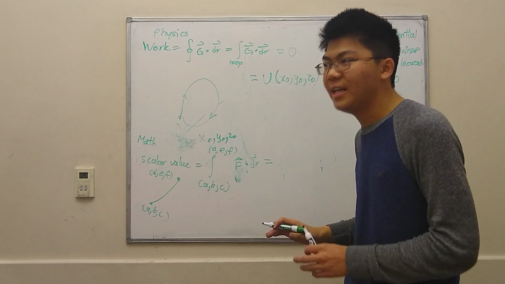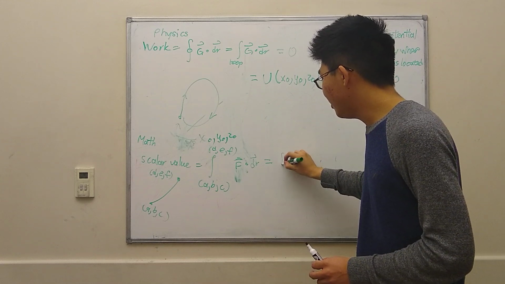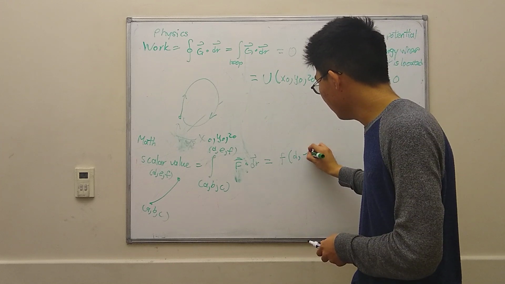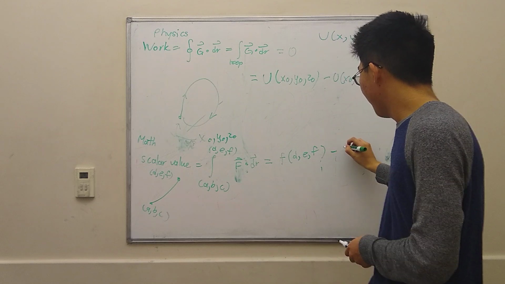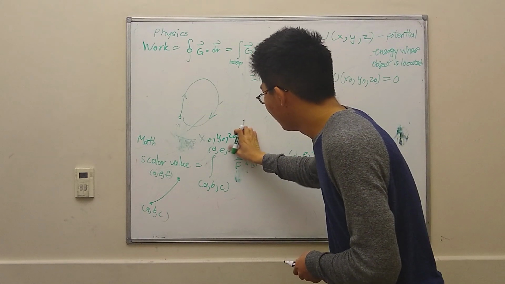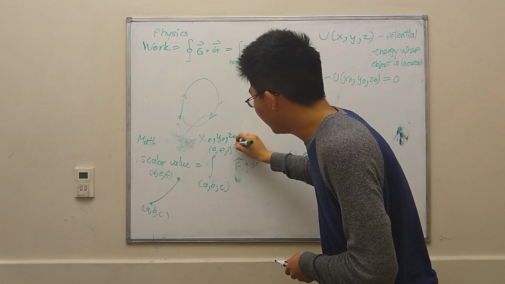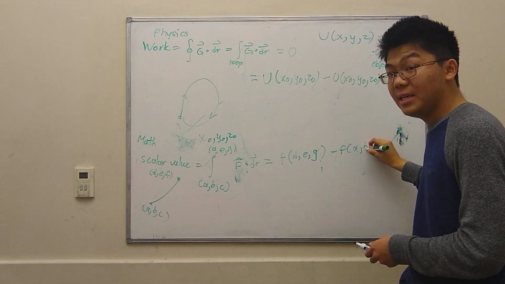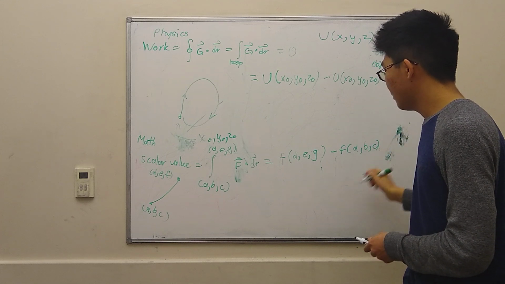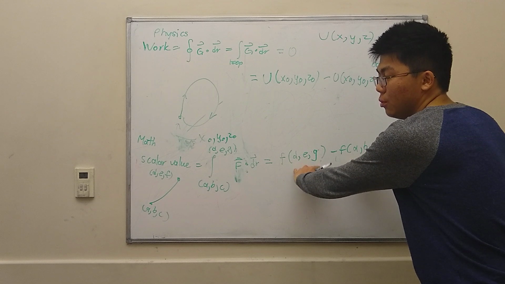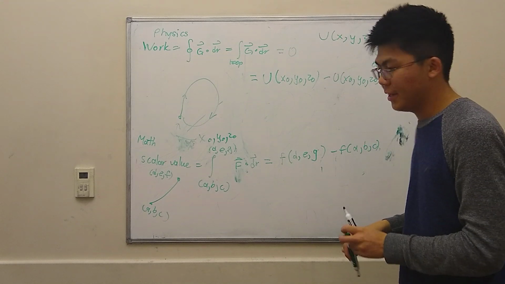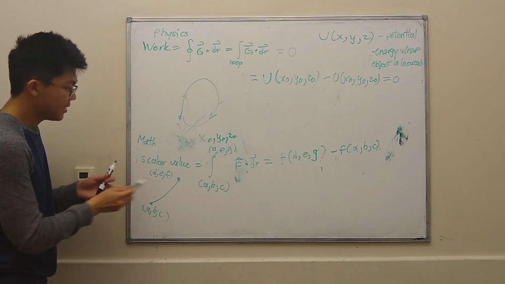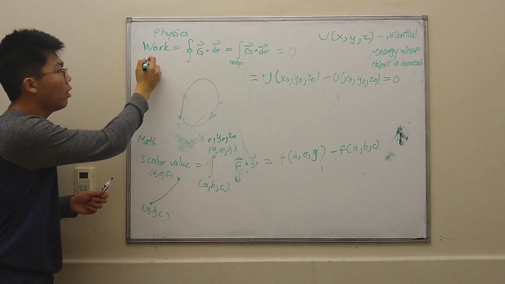Now, to evaluate the line integral, we can use the fundamental theorem of calculus. And so we can plug in D, E, and F minus, I should use another one. Let's call this G, and here's A, B, and C. And we basically find a difference between these 2 points here. Now, if you notice, this scalar value right here is like work.